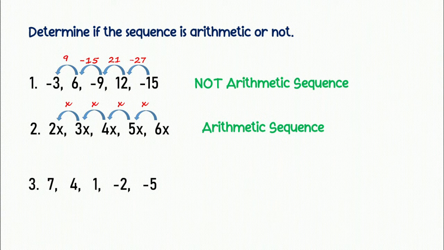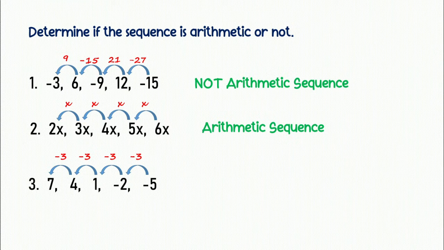For the last term, 7, 4, 1, -2, -5. So, as we inspect the sequence, this is a sequence in descending order, right? So, if we're going to determine the common difference, subtract natin yung 4 minus 7, we get -3. And 1 minus 4 is -3. -2 minus 1 is -3.